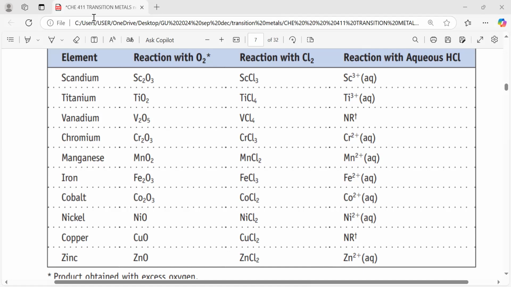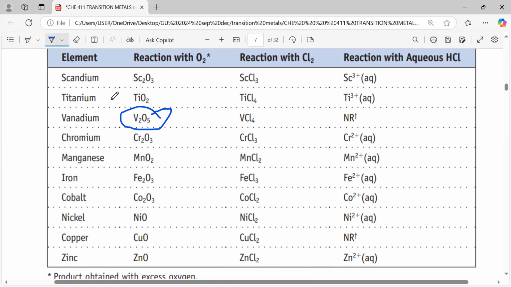Having studied it, we can see clearly that when elements react with oxygen, we get mainly different oxidation states. For example, what is the oxidation state of vanadium in vanadium pentoxide?